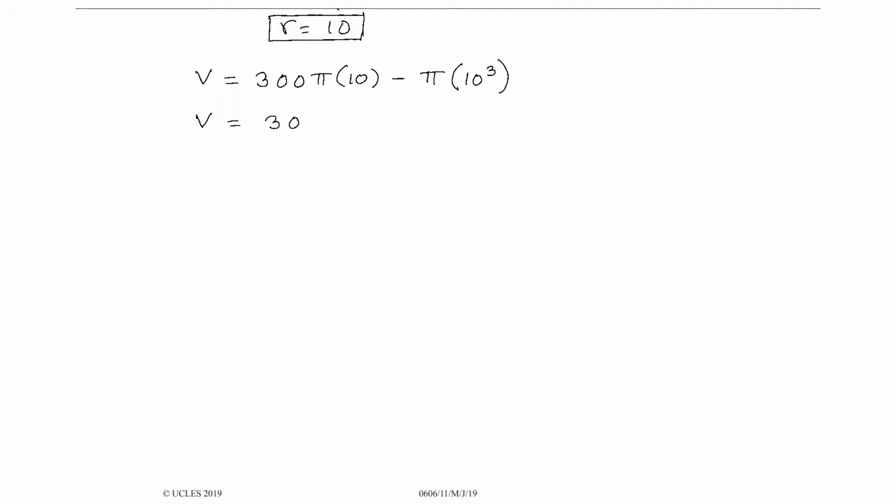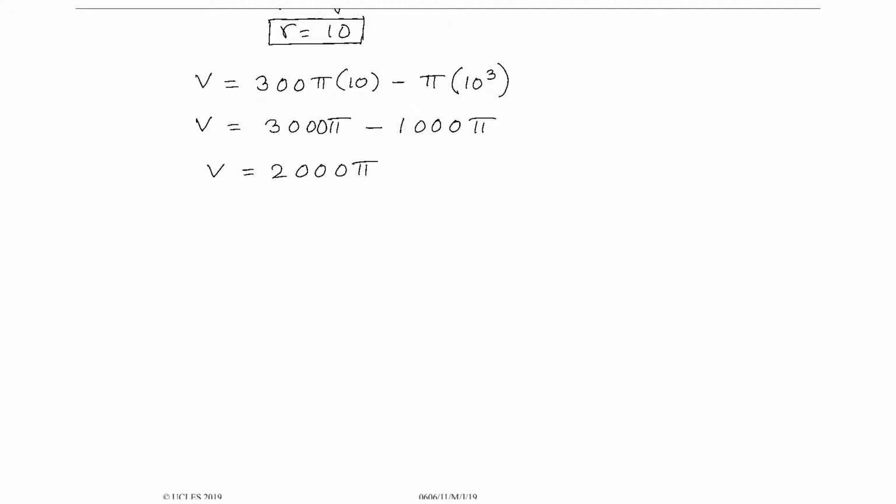So it will be 3000 pi minus 1000 pi. So V will be 2000 pi. So we have found the value of the volume when it is stationary.